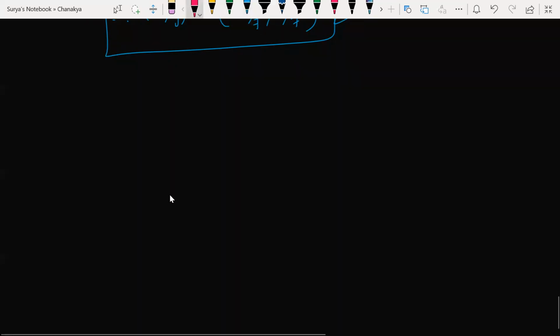Basically, the centroid will be different in different triangles.